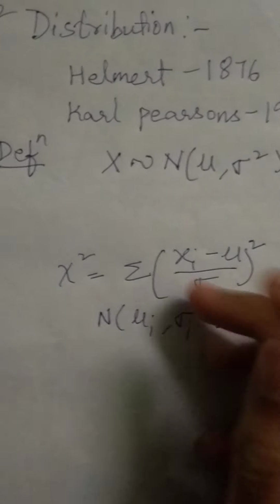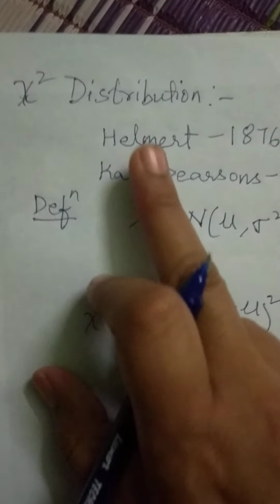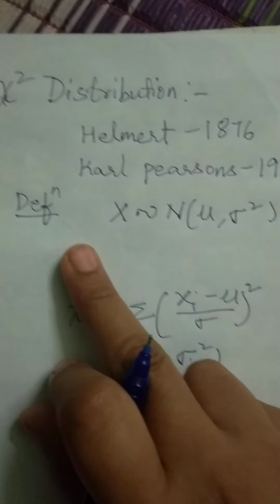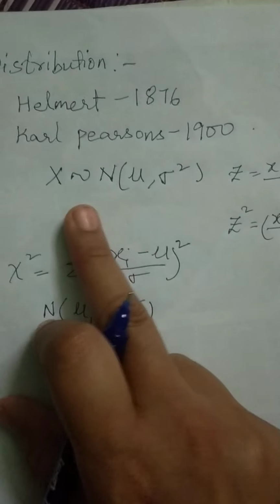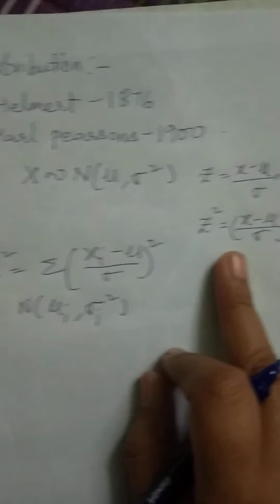Students, if you are not understanding this, at least remember it was developed by Helmert, then Karl Pearson, and the definition: x follows normal distribution. This you have done in your first semester.